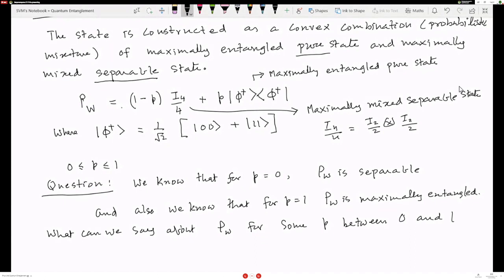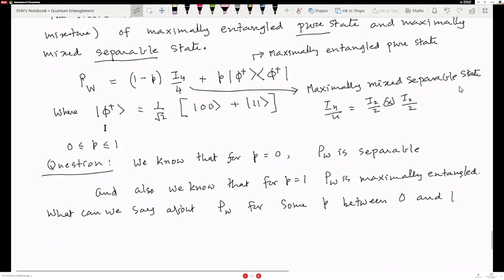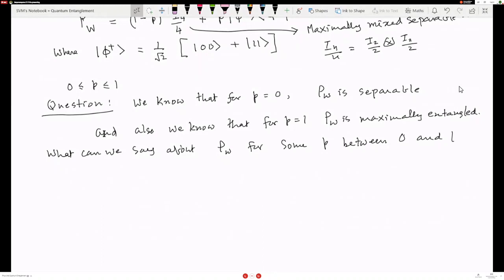Or is there some critical value of p only above which rho W becomes entangled? So we would like to ask for what values of p in [0, 1] is rho W entangled.